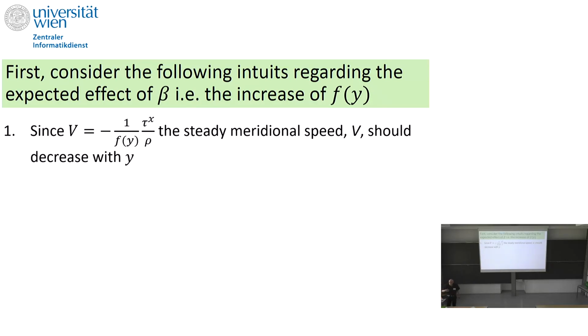So some of the issues we can anticipate very sensibly by just looking at the solution of the f-plane equation. So for example, you know that in the steady solution, f appears in the denominator.